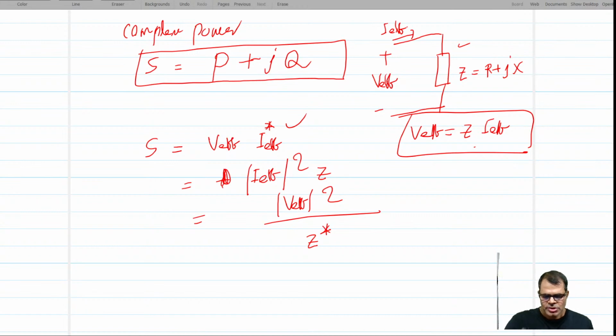If you have been given the peak value, then obviously your complex power is simply half Vm Im complex conjugate. Wherever I have written effective, just divide by 2. Clear? There should not be any doubt. V effective and I effective are the effective or RMS values. Got it? Anybody has any doubt? Let me know.